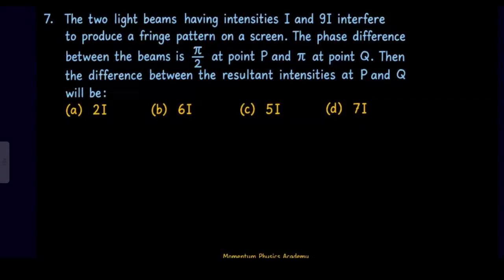Next one. Two light beams having intensity I and 9I interfere to produce a fringe pattern on a screen. The phase difference between them is pi by 2 at P and pi at Q. The difference between the resultant intensity at P and Q is? So similar kind of problem we did. I1 given, I2 given. What is the resultant intensity formula?